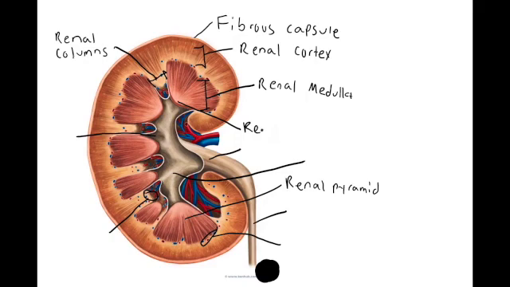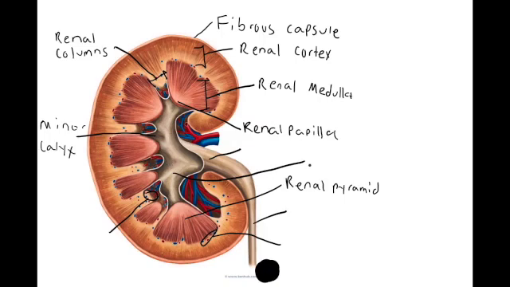This is where the collecting duct drains all the urine. Now, after the renal papilla, urine is excreted into the minor renal calyx, or it's just called the minor calyx.